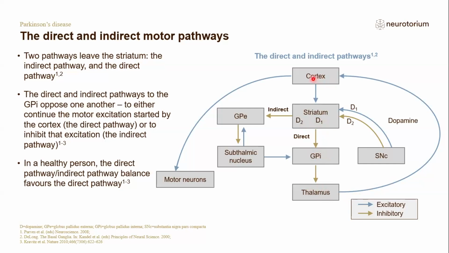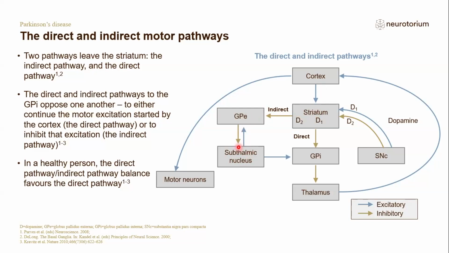And in the indirect pathway, you also still start from the cortex, okay? And from the cortex, you still have glutamate as the neurotransmitter. And then the striatal neurons usually go to inhibit the globus pallidus external segment, which normally inhibits the subthalamic nucleus, as you can see in this arrow.